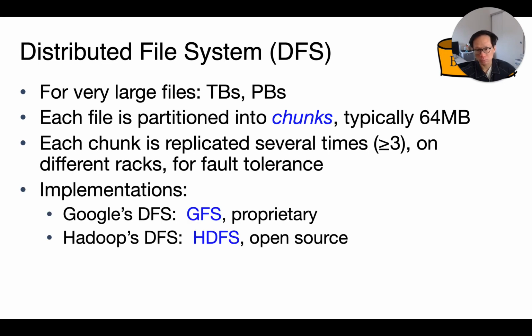Google first implemented its distributed MapReduce file system called Google File System, or GFS for short. And this was followed by an open source implementation called Hadoop File System, or HDFS.